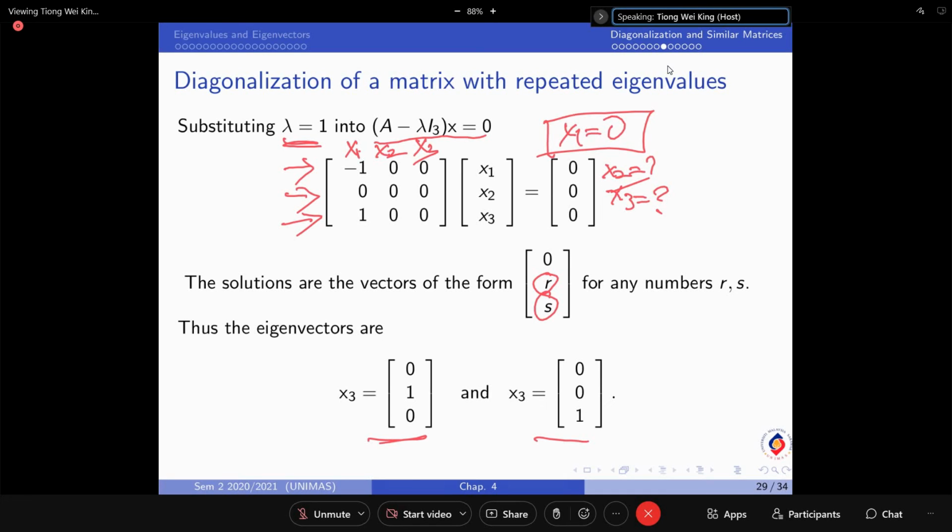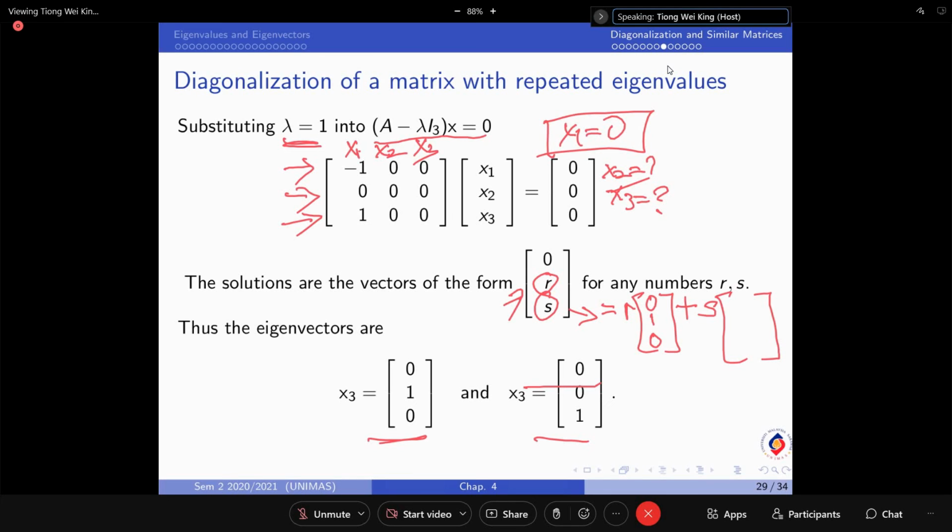Now, sometimes it is quite difficult for you to choose which R and S so that we have two linearly independent eigenvectors. One way is to factorize from here, by R and S. If you factorize R, then you will get 0, 1, 0.